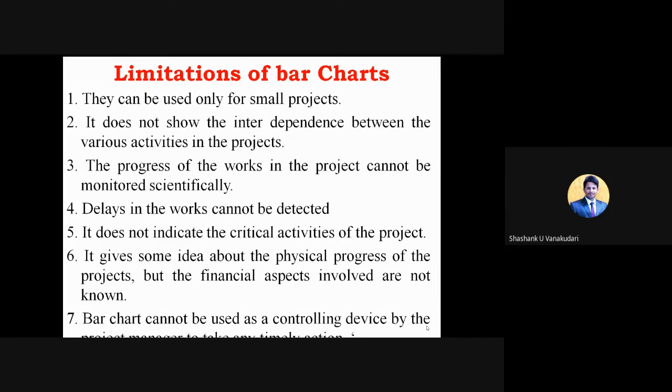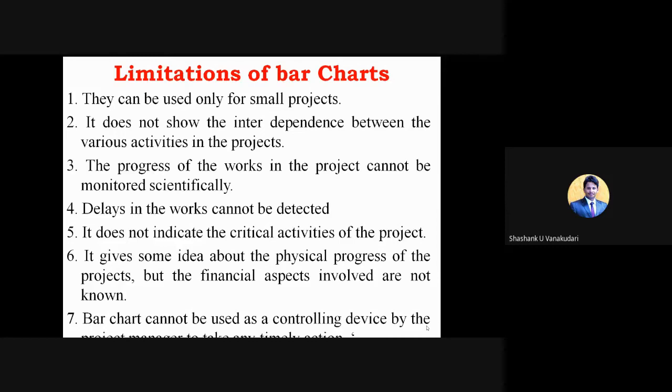So in a Gantt chart, we can't find out which are the critical activities and what the critical path is. The critical activities and critical path are those that take the maximum duration in the project. Whatever path starts from the first activity to the last activity, there will be a certain path, and that path will be the longest one.